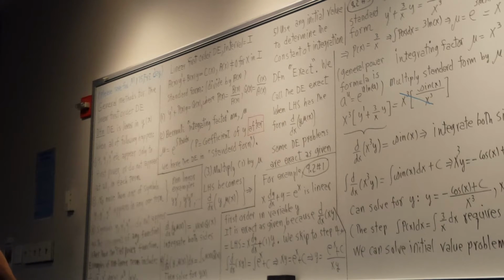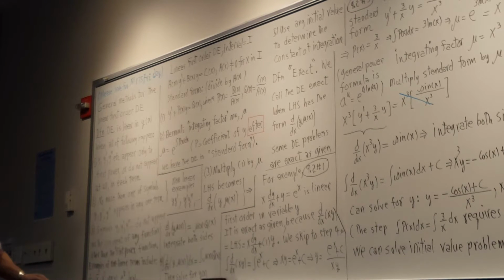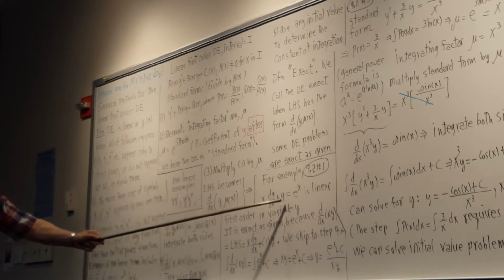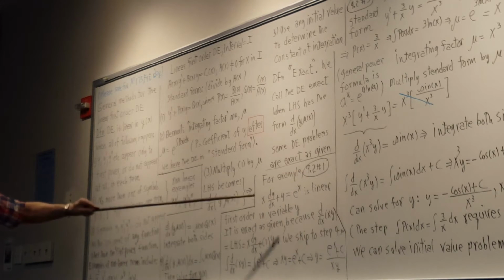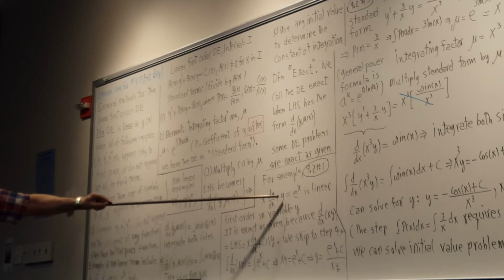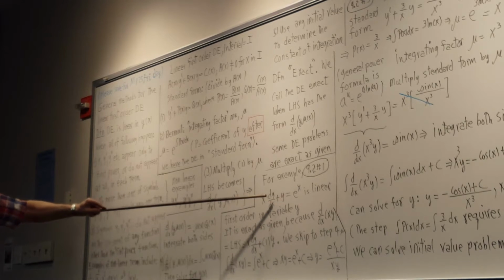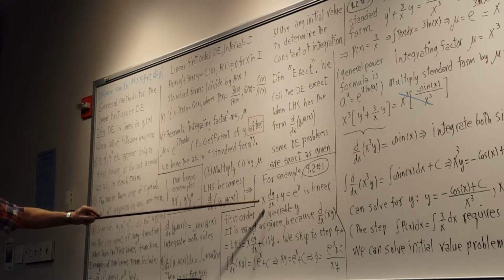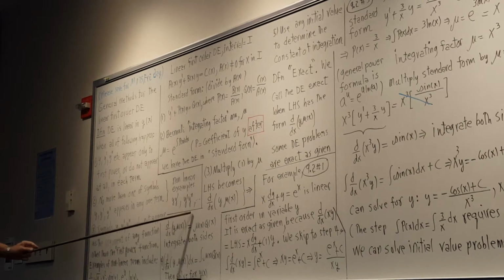And some of them are exact the way they're given. Sometimes you can just look at it and see that your left-hand side, like problem 1, is already the derivative of the product. If it is, just recognize it and write it that way, and then you don't have to do all this.